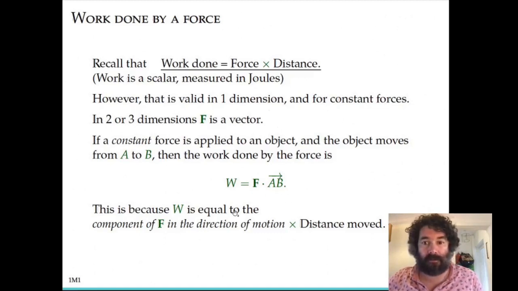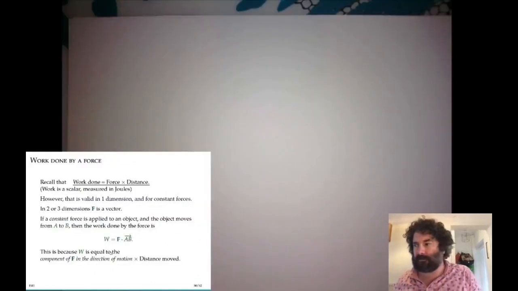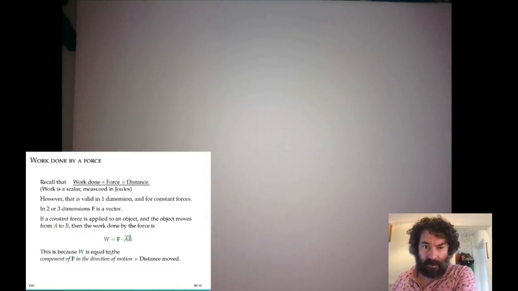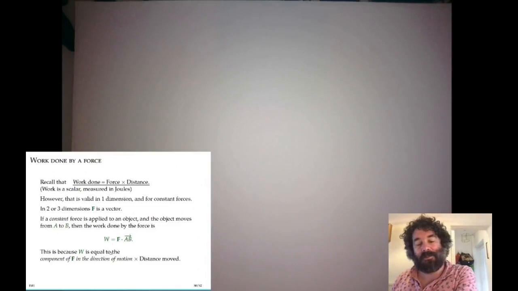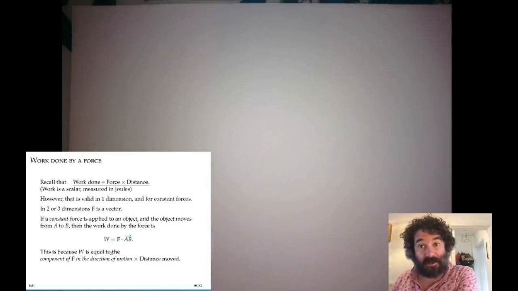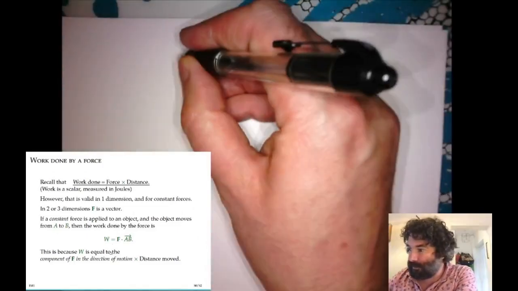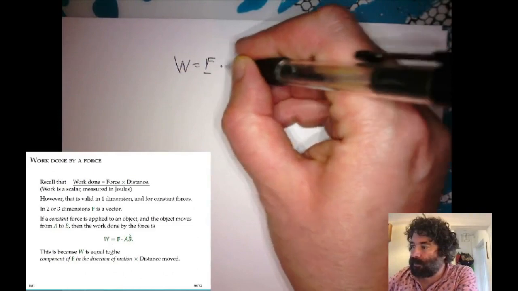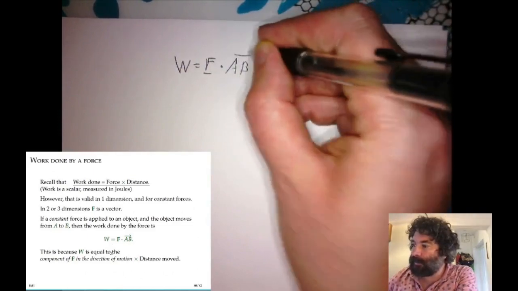Right? So let me explain why this is. The reason really is that the work done is the component of F along the direction from A to B times the magnitude of A to B. So this work is the force dot with the vector from A to B.